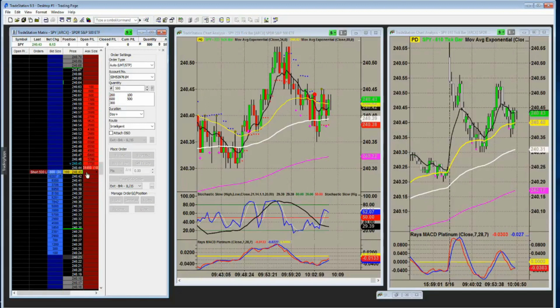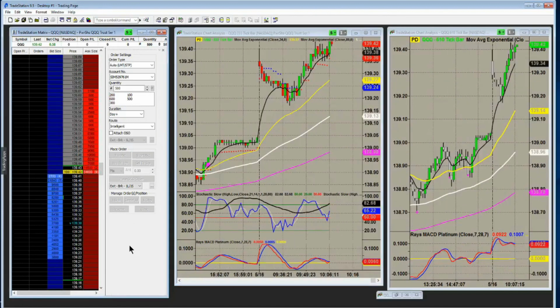This is an extremely volatile price move for an ETF. Also, the amount of shares per day is huge. This is the triple Qs. That's the ETF for NASDAQ 100. What do you notice about the ETF, the QQQ?